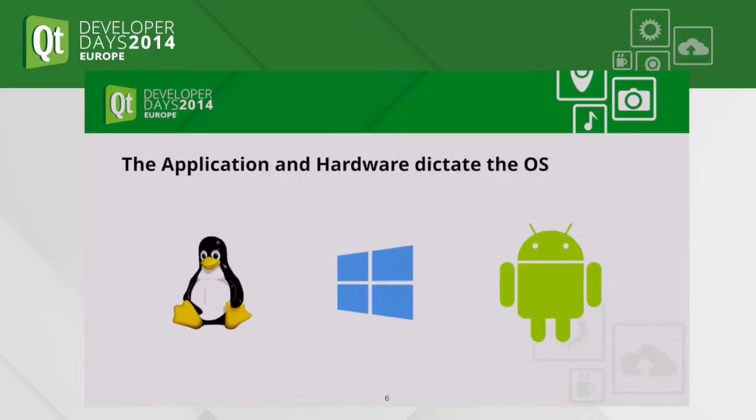In other cases, maybe the drivers only exist for Android. The BSP provider only provided graphics drivers for Android, so if you need OpenGL support, you need to use Android. Or in some cases, your application has hard real-time requirements, in which case you'd have to select an OS that can actually provide those real-time guarantees.